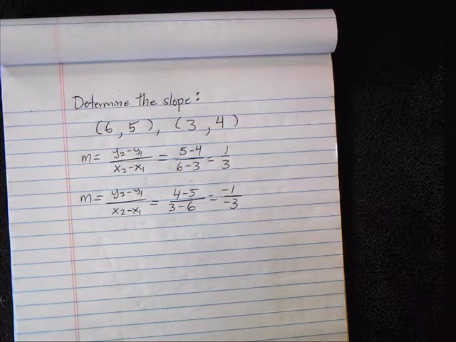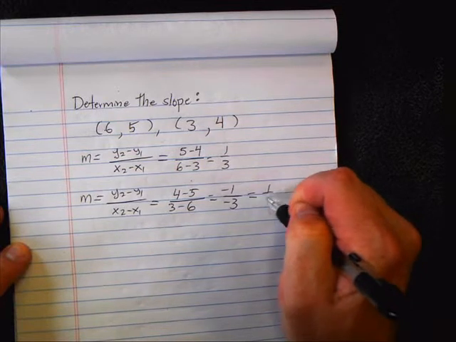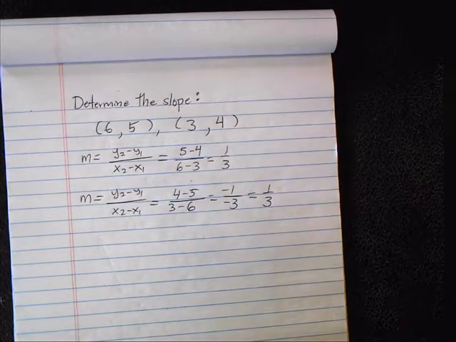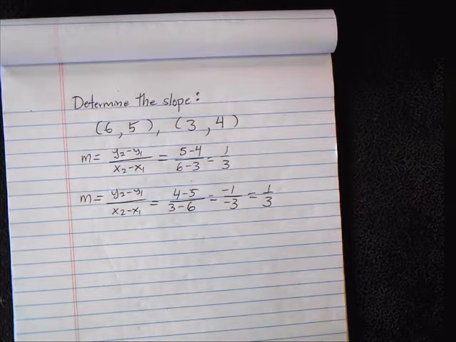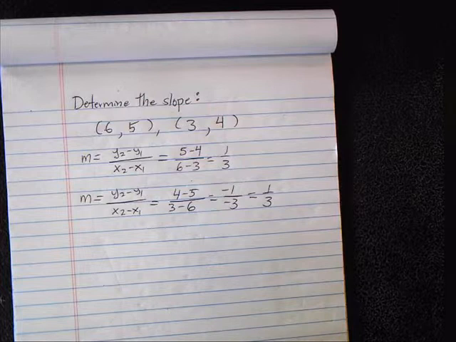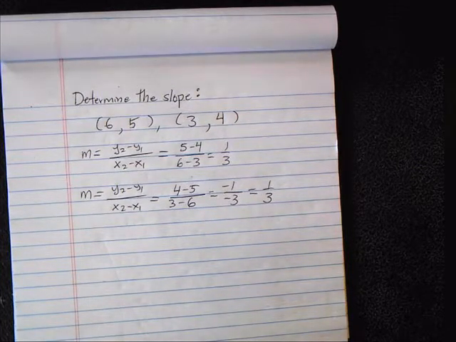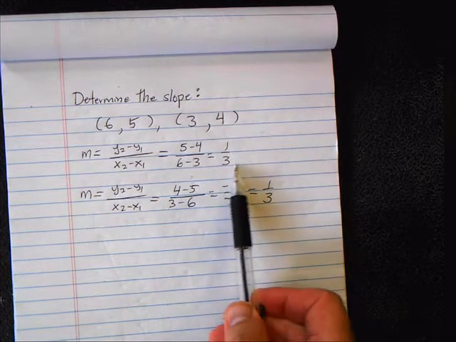When you divide two negatives, you get a positive. So this is an important little thing. It doesn't matter which point you call y2 and which one you call y1 and which one you call x2 and x1. As long as you keep them in the same order and be consistent top and bottom, you'll get the right answer.